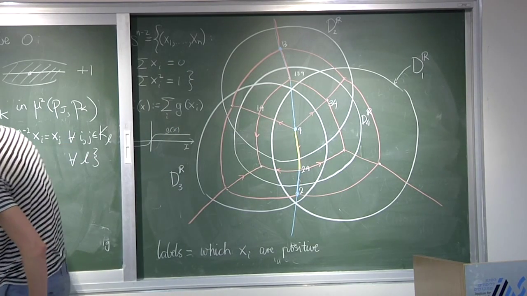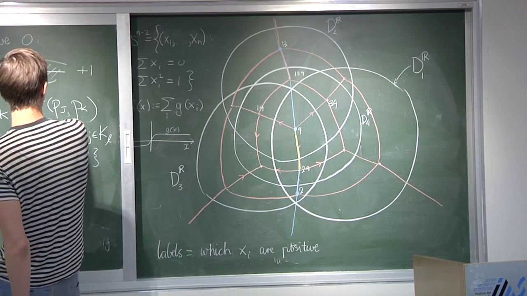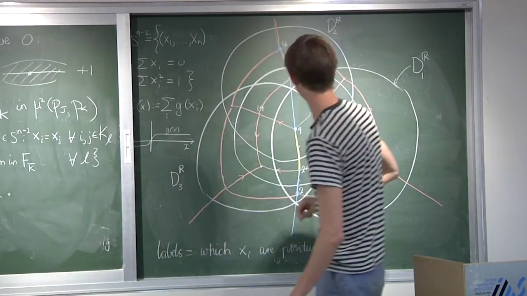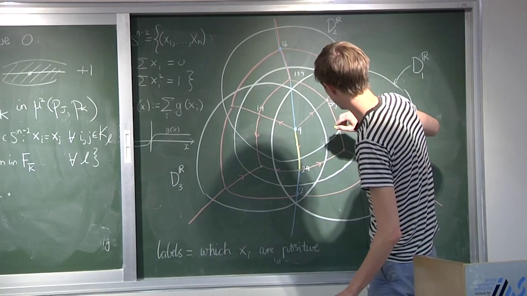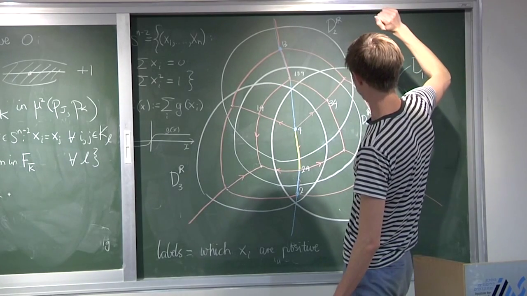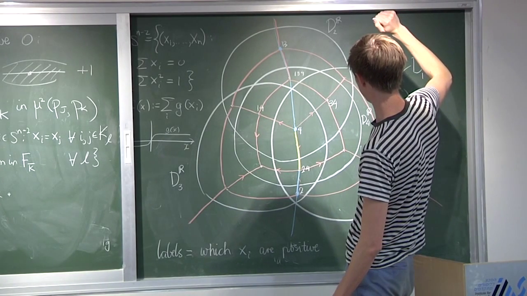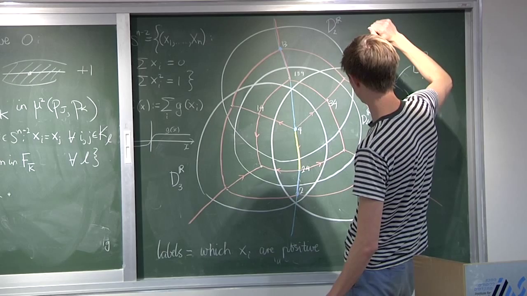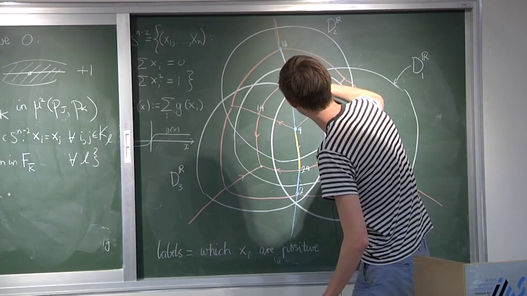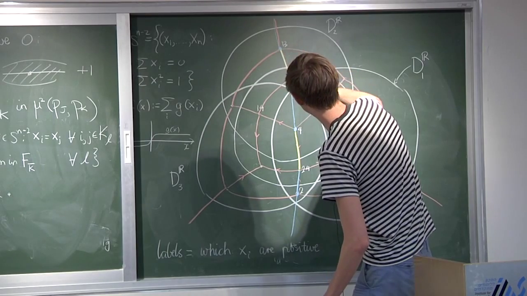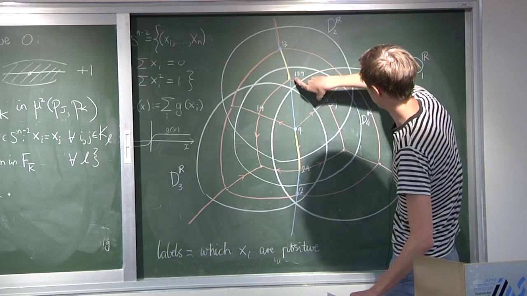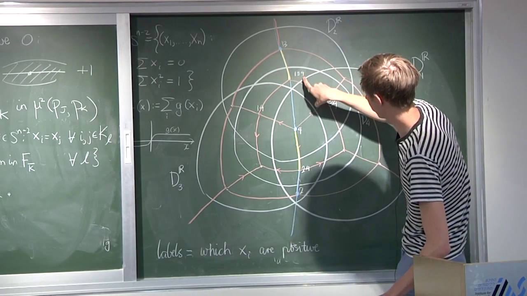So we've gone down this side, we've switched sheet, and now we need to go from P13 to P2. I'm a bit confused. So we go from P13 to P2, which is opposite to P134.